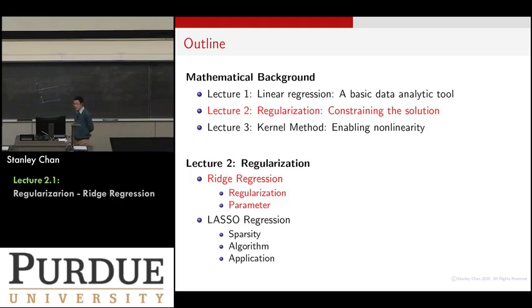The other one is called LASSO regression, a more popular regression nowadays now that convex optimization techniques have become mature. So we will visit these two types of regularization, and they are pretty common if you flip through any machine learning literature nowadays.